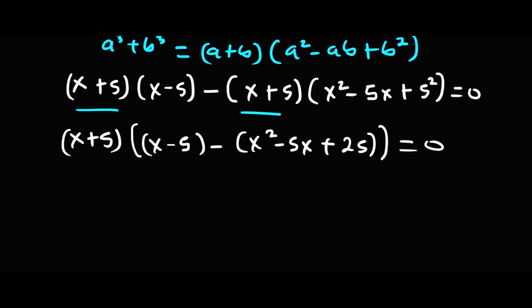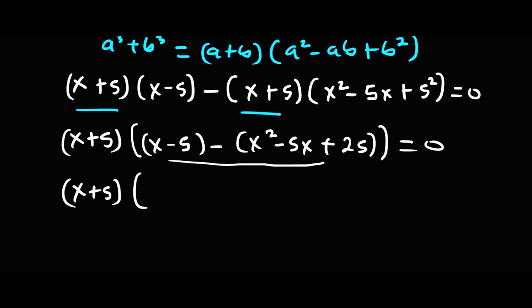So we can open up the bracket, this one here, so that we have x plus 5 into, you can collect these like terms and you can start with x squared.